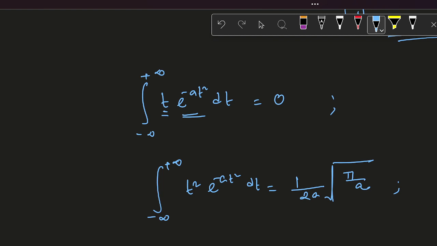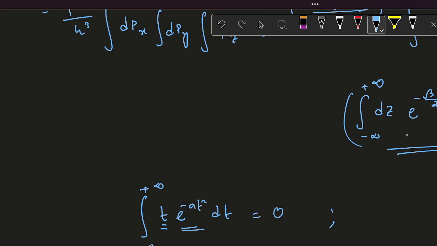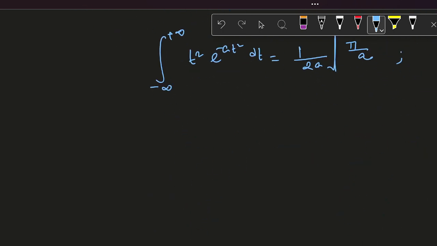Okay, so this dz integral has a similarity with only this kind of Gaussian integral, where the constant a is nothing but beta k by 2. So you need to replace this result with the value beta k by 2. So what you have is that you can write down the whole thing as 1 by h cube, then dpx, dpy, dpz.